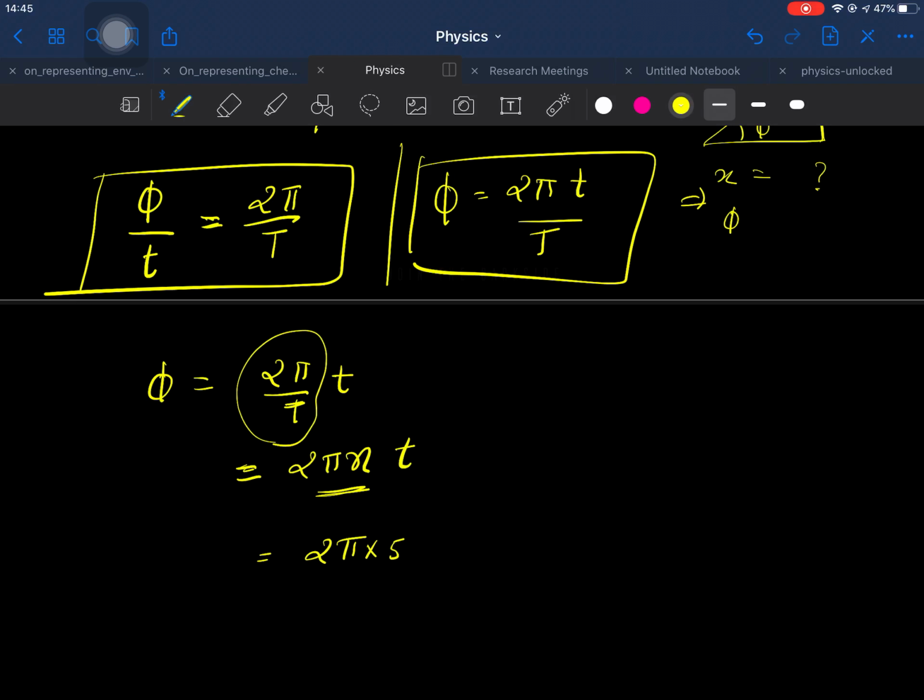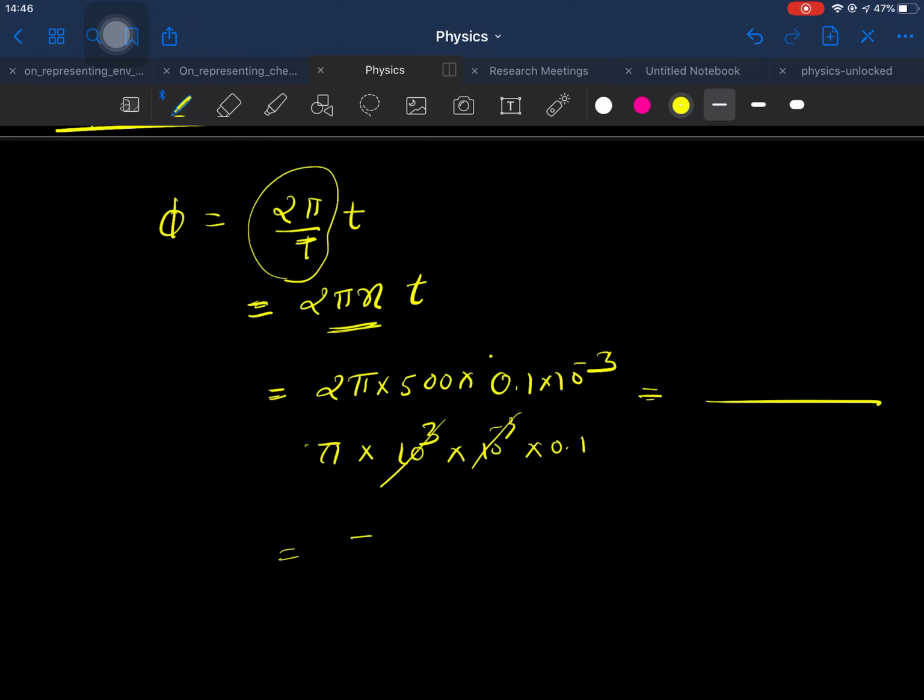So please do this calculation, okay? And you should get something around pi radian basically. If you just do this, it is pi into 10 raised to 3 into 10 raised to minus 3 into 0.1 second. So this gets cut and we have pi into 0.1.